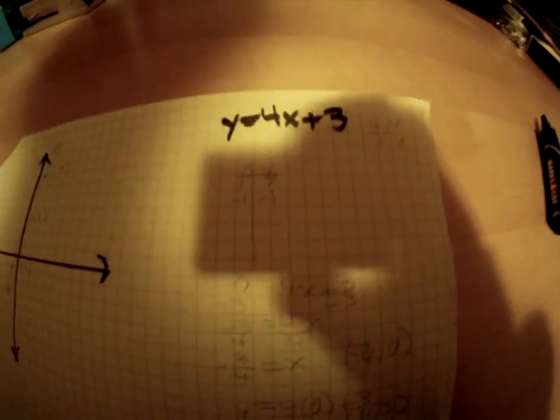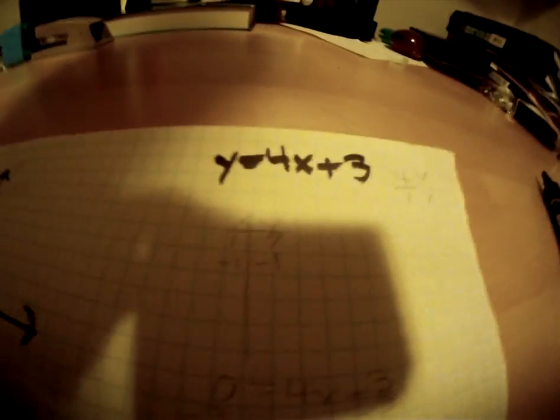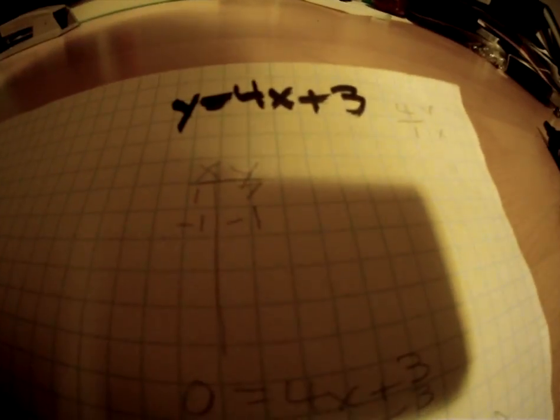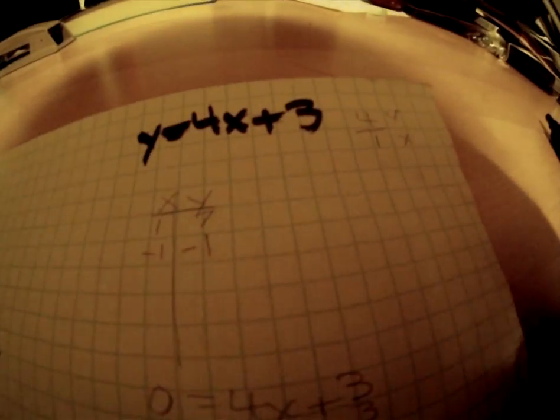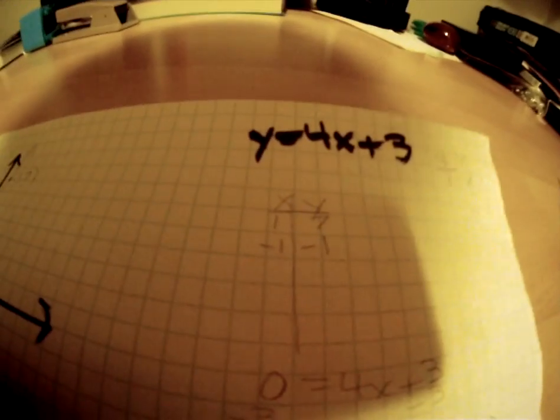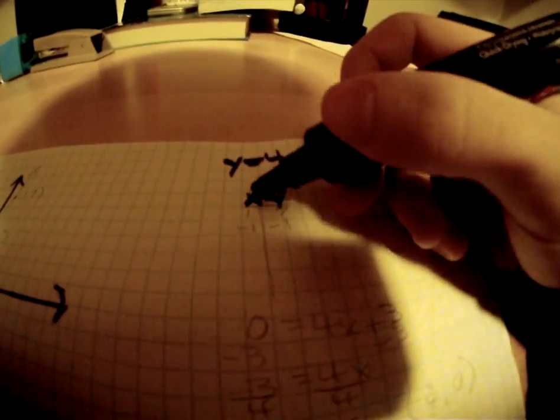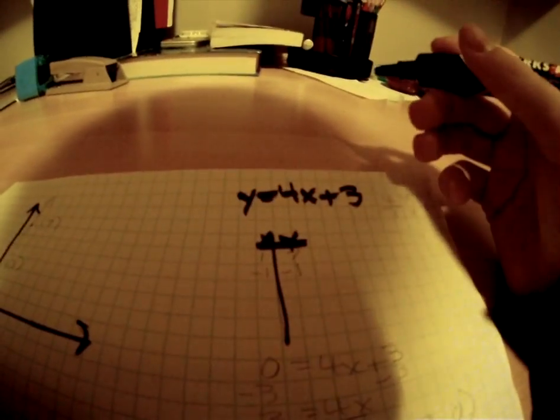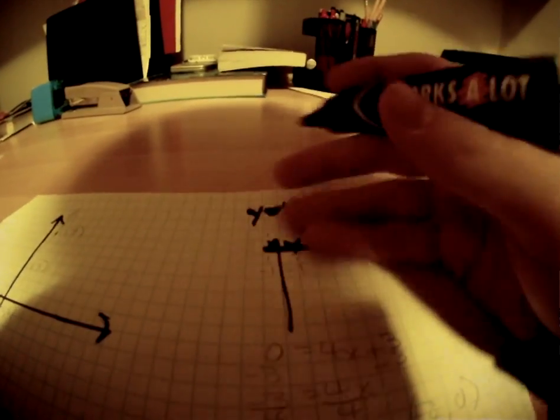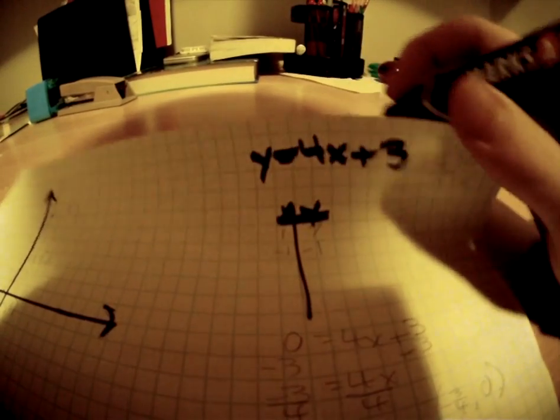We can make a table of values with our x and y coordinate, or x and y input values, you should say. And so there's our x, there's our y. It's a table, and first we can find the intercepts.